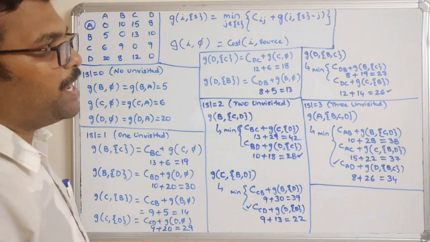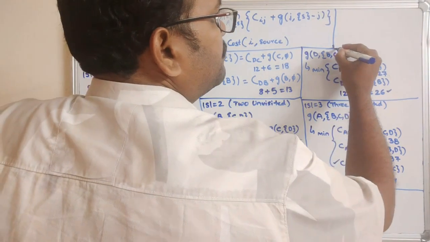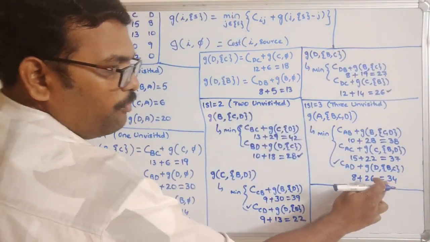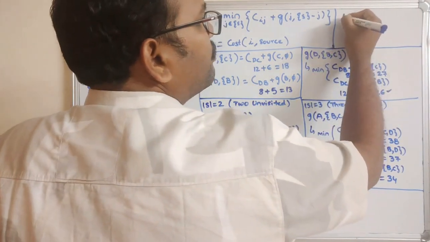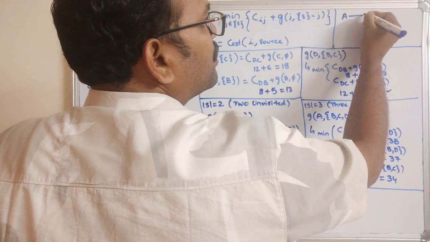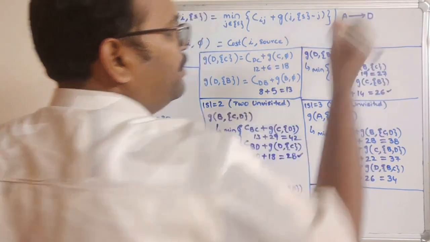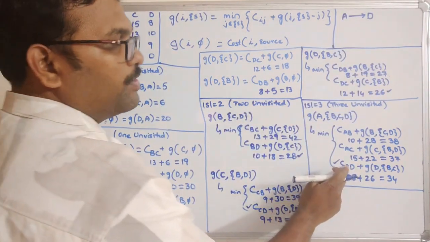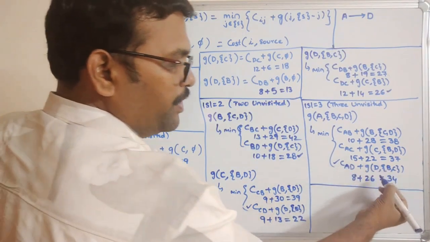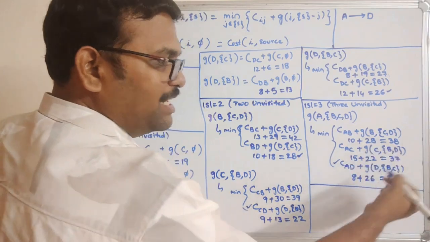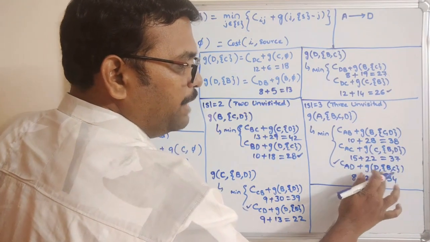Now we have to write down the path. So what is the edge of this 34? A comma D. So from source, the next visited vertex is D. Okay, next visited vertex is D, and then we need to find out the next edge from this function G of D, BC.